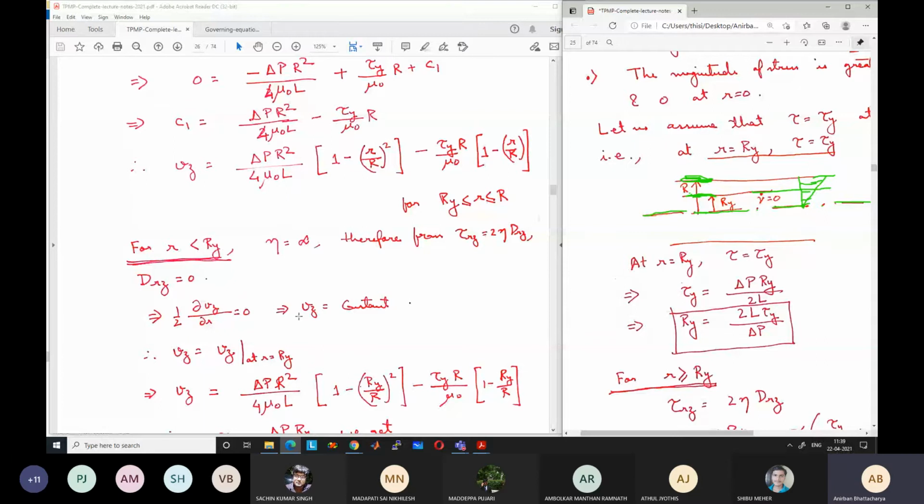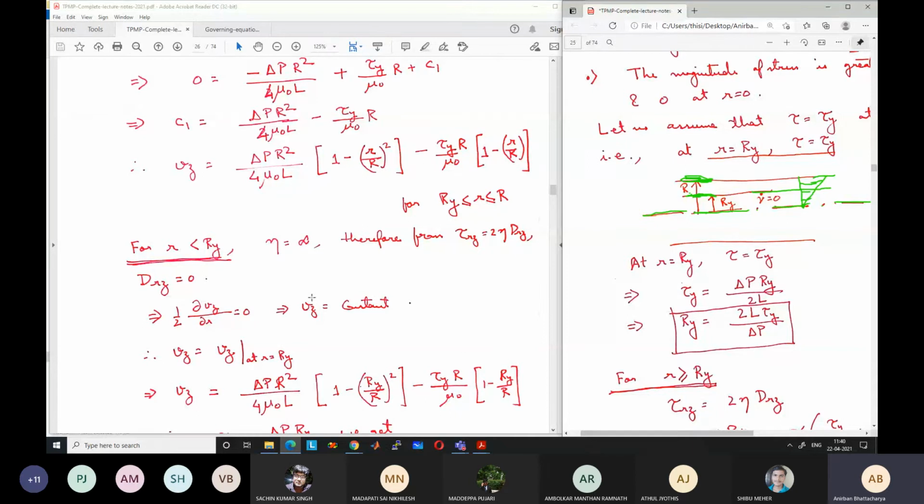Because vz does not vary with theta or z direction. So ultimately vz, if it does not vary with r direction, is constant. So what is the value of this constant vz? It will be equal to the value of vz which is present at r equal to r_y.